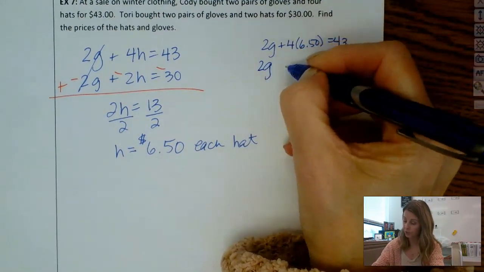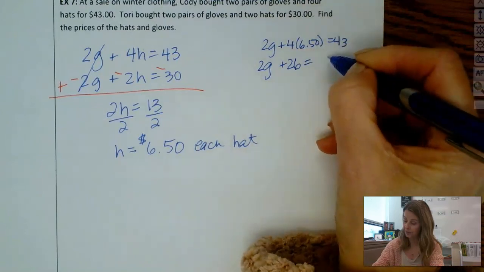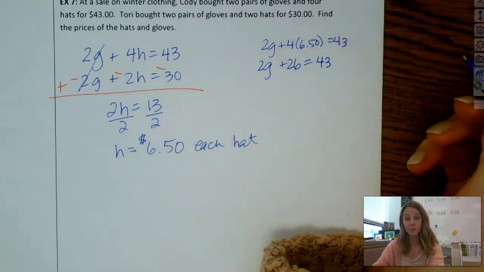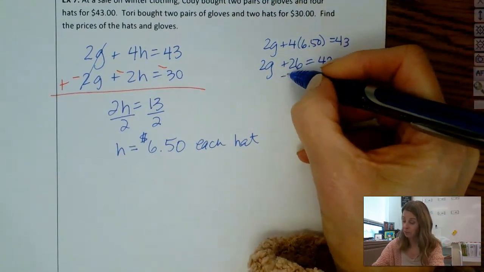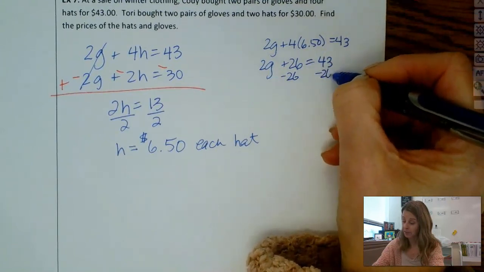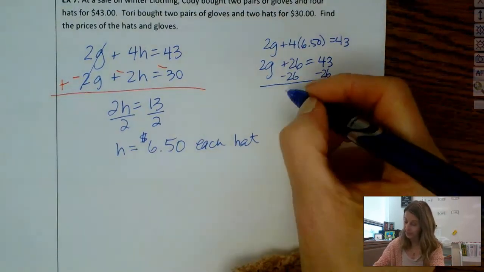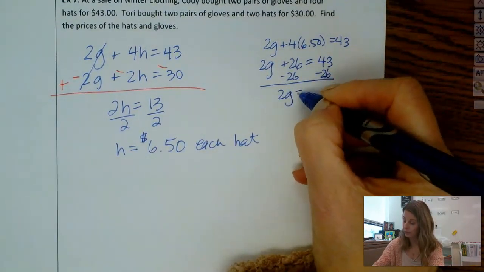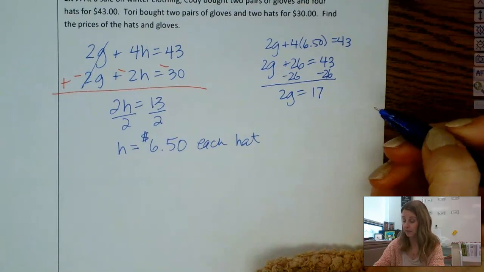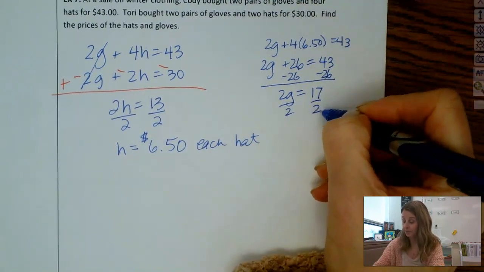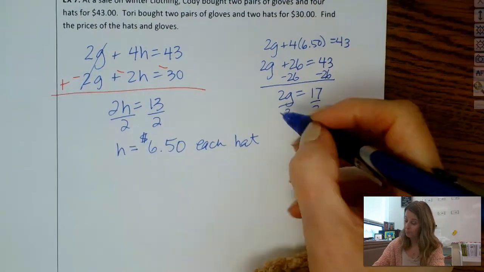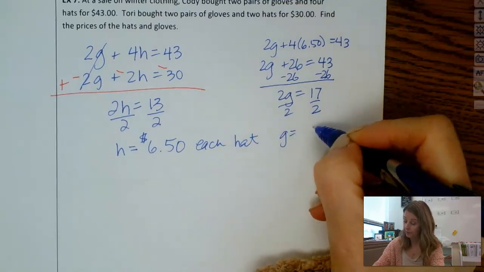So 2G plus 26 is equal to 43. So move the 26 over, so subtract 26 from both sides. So 43 minus 26 is 17. So 2G is equal to 17. Divide by 2, 8.5. So again, this is money.